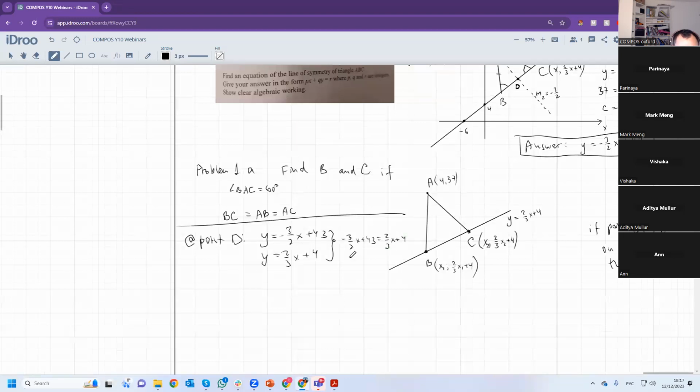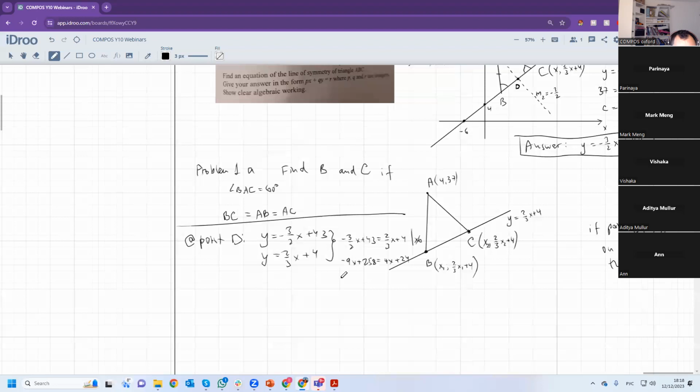Multiplying both sides by 6, it's going to be minus 9x plus 43 times 6, 258, equals 4x plus 24.